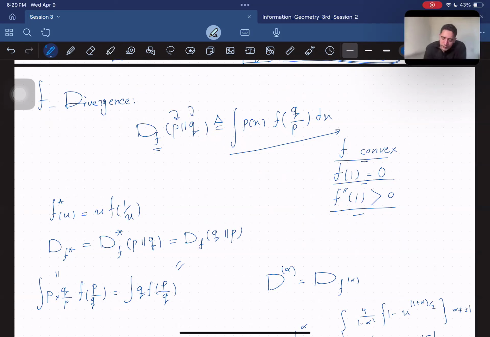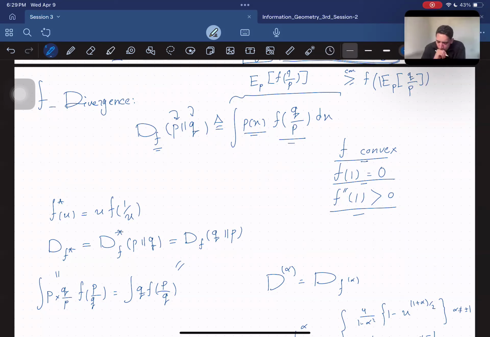For example, F is convex and we are calculating a weighted average of these creatures with respect to P. So this is nothing but the expectation under P of F of Q over P. We know by Jensen's inequality, because of convexity of F, that this thing is greater than or equal to F of the expectation of Q over P, and because Q was a distribution, this is 1.